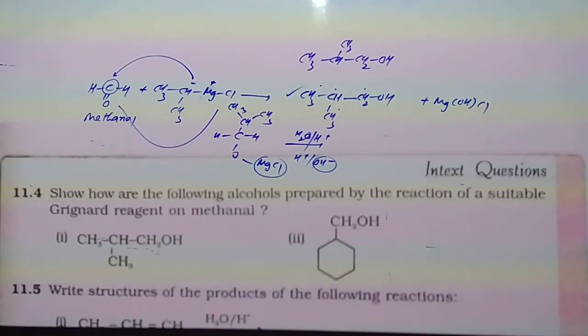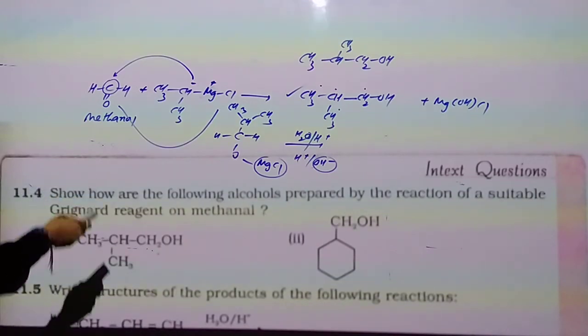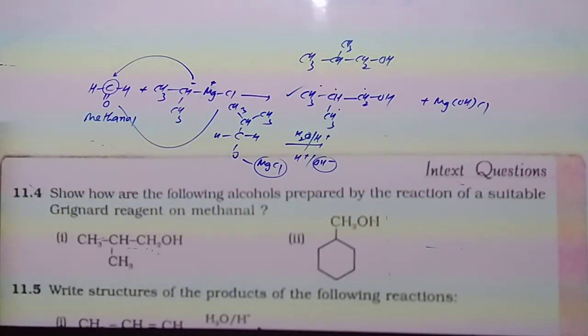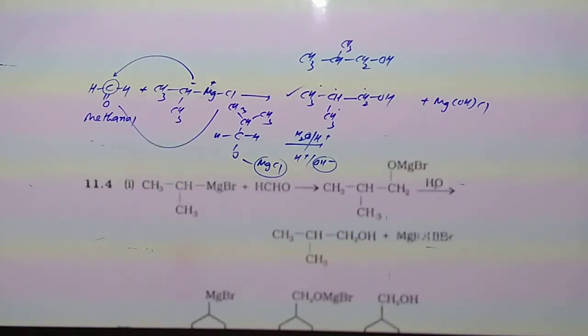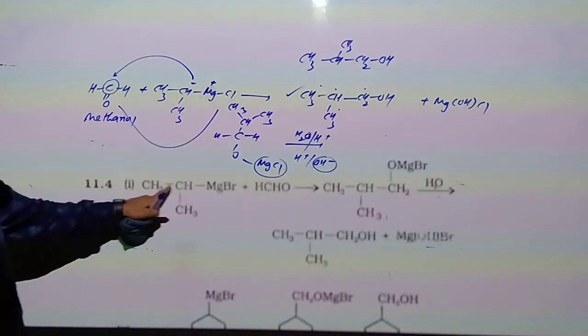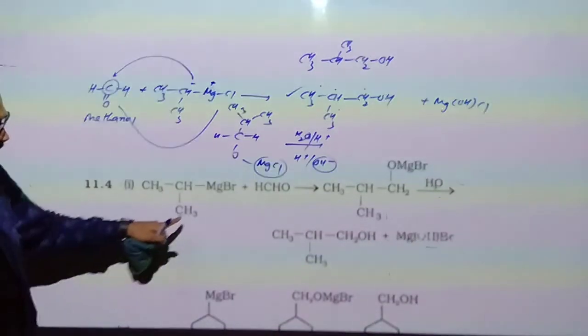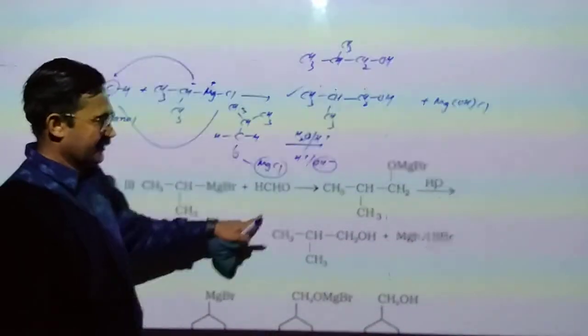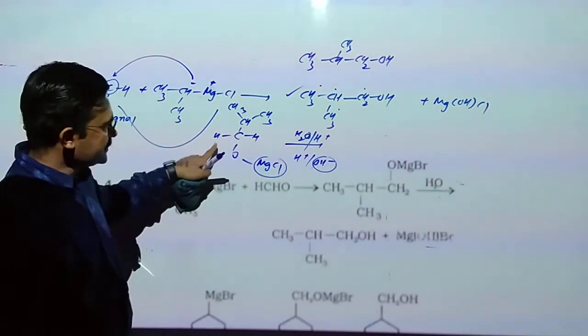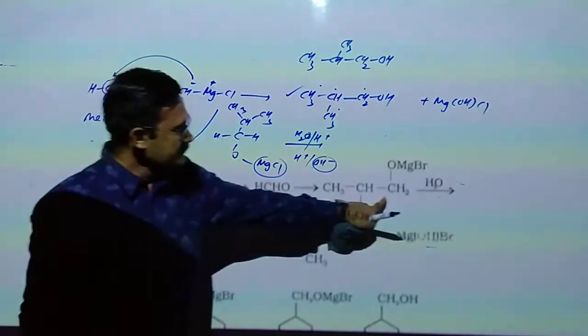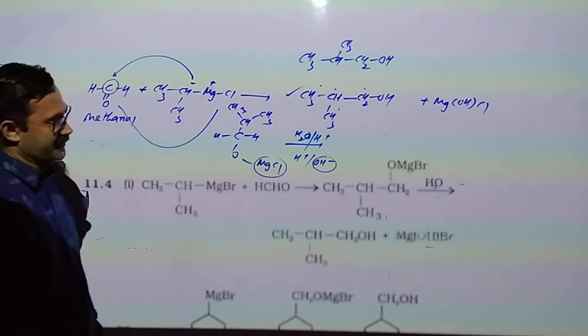Now second question. This is our answer, and you can take the screenshot, which is given already in your book. The answer is like this. Isopropyl magnesium bromide reacts with formaldehyde, methanol. So it gives CH3, CH2O, MgBr as the intermediate product.